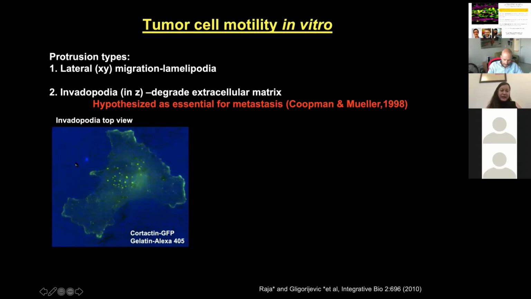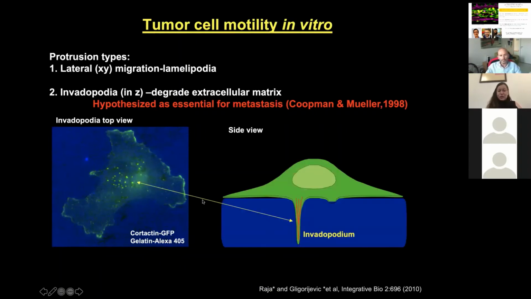And then the cell is on top of the fluorescent gelatin, and you'll see in a later slide as well how these invadopodia form holes in the gelatin by degradation. So if you want to imagine how it would look from the side, it's like a finger-like protrusion, and it's approximately 1 micrometer in width.